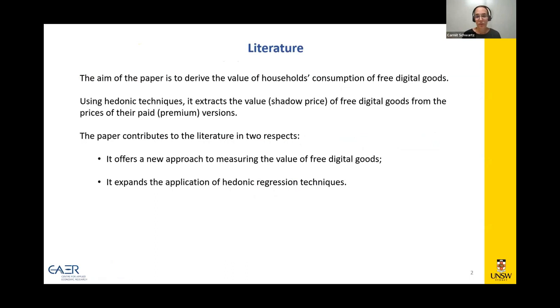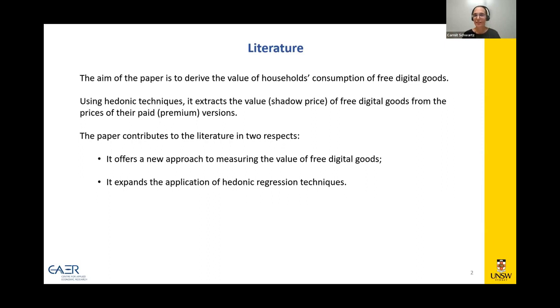There are two main contributions that the paper makes to the literature. The first is that it offers a new approach to measuring the value of free digital goods. In this respect, it complements the two existing approaches, which are the total cost approach and the contingent valuation approach, as John discussed. The second contribution is that the paper expands the application of hedonic regression techniques.